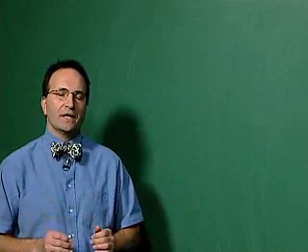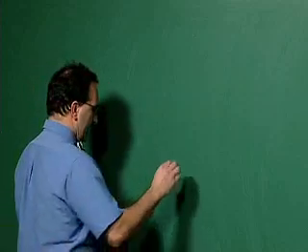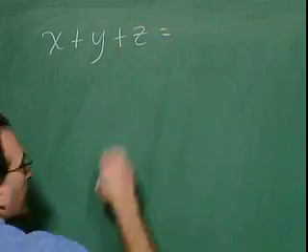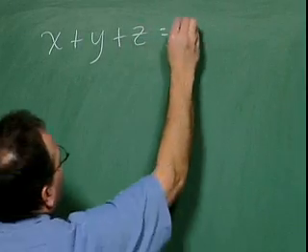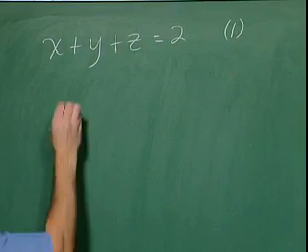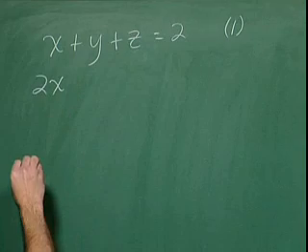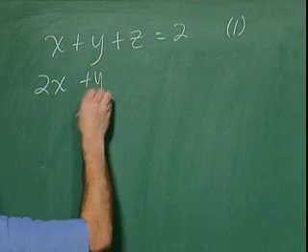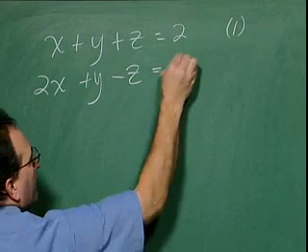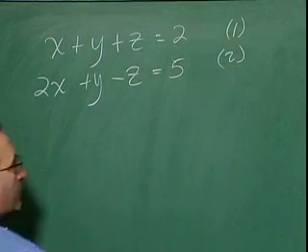All right, let's find out how you did on that particular problem. Let me write the 3 equations on the board and number them so that we can refer to them. We have x plus y plus z is equal to 2, and I will refer to that as equation 1. Then I have 2x plus y minus z is equal to 5, and that's equation 2.